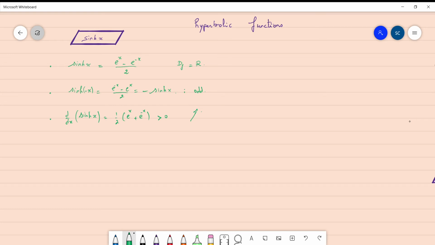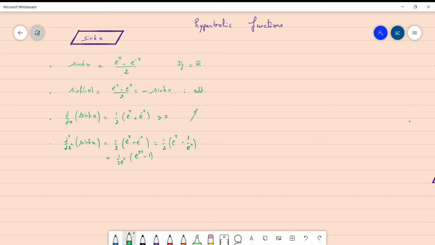What about the second derivative, to study the concavity? The second derivative of sinh x will be half of e^x minus e^(-x). To study the sign, let's rewrite the expression differently: it's 1 over e^x, which I can write as half of e^(-x) times (e^(2x) minus 1).